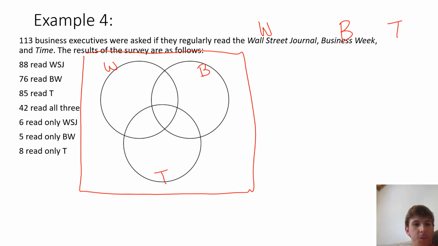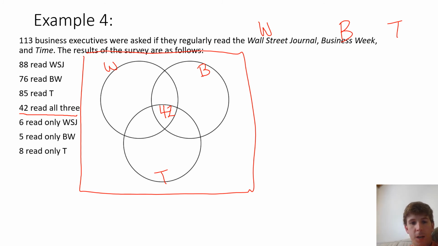The first thing that we can immediately fill in is the overlap. 42 read all 3. So let's try and figure out how to fill in the rest of this Venn diagram, basically filling in all of the circles, all the overlaps, and the outer portion.